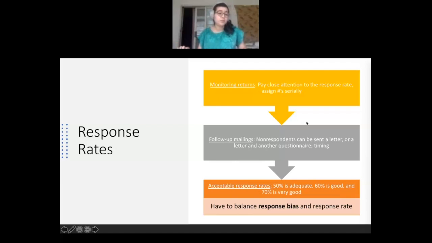Response rates tend to be higher for surveys that target a very narrowly defined group, and general population surveys tend to have lower response rates. If we're trying to count everyone, then the response rates will be lower just because the population is larger.